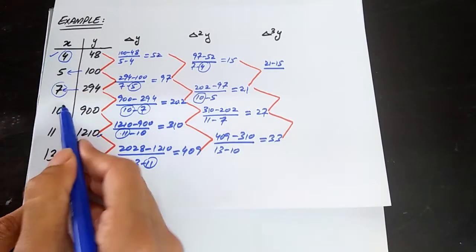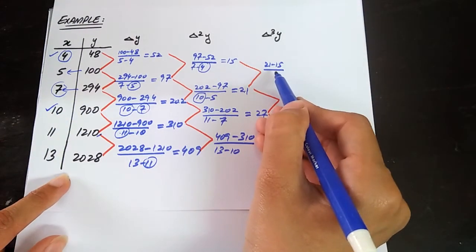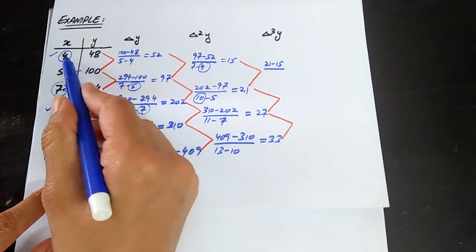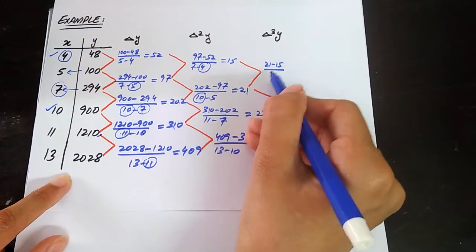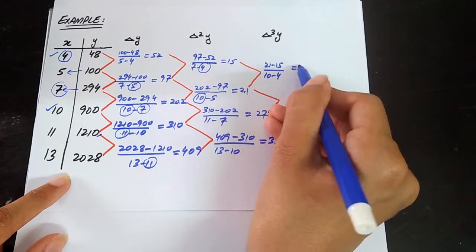Since it is your third difference, you have to start from the first till the fourth value. So fourth minus first. It will be 10 minus 4. So it will give us 1.